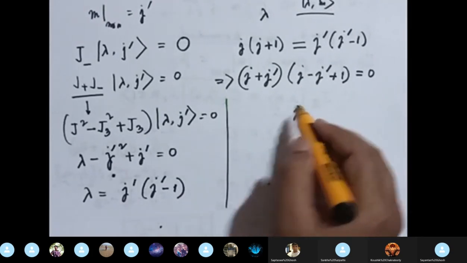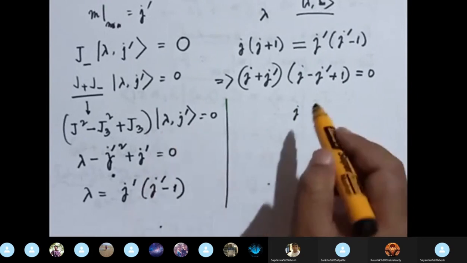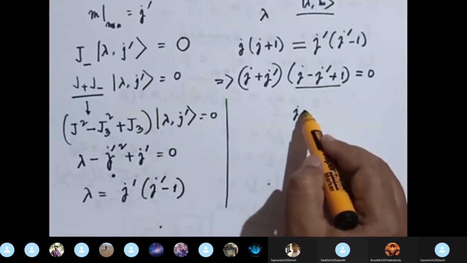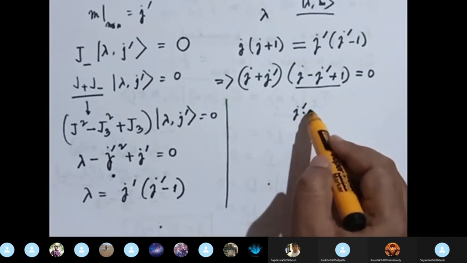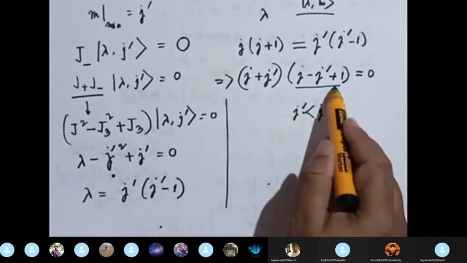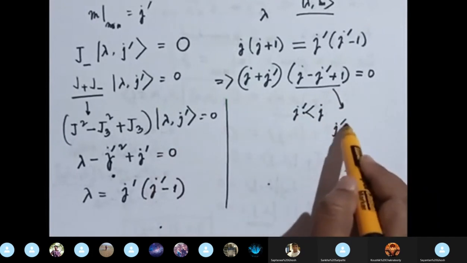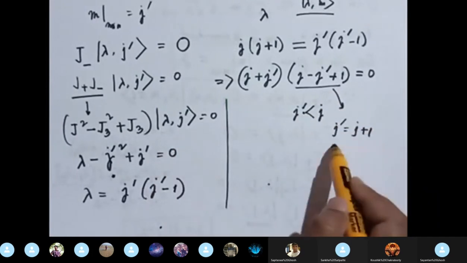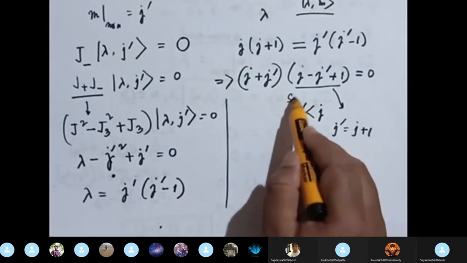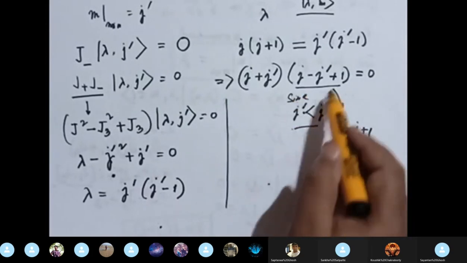Because J cannot be 0. This cannot be 0 because J prime is the minimum value of N. It is always less than J. But if this is 0, then J prime becomes J plus 1, so J becomes more than J. Since this is true, this cannot be 0.